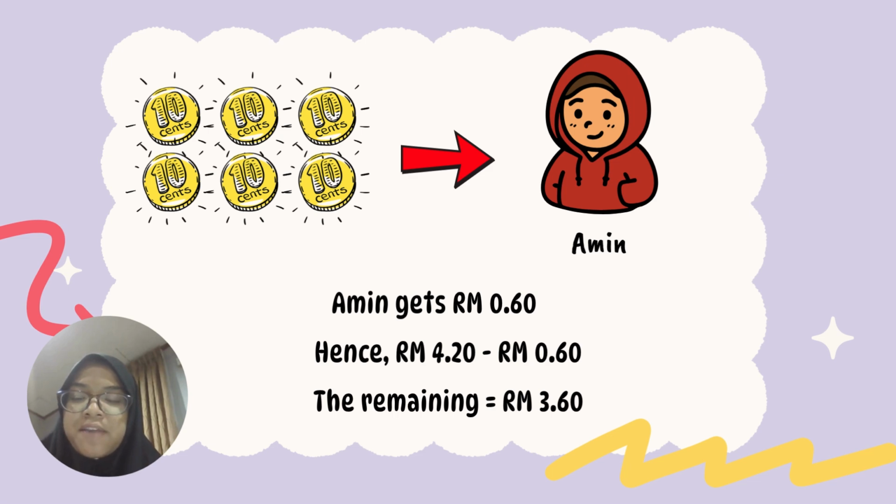For the second person, which is Amin, we subtract 60 cents from the remaining amount just now, which is 4 ringgit and 20 cents. So 4 ringgit and 20 cents minus 60 cents, the remaining will become 3 ringgit and 60 cents.